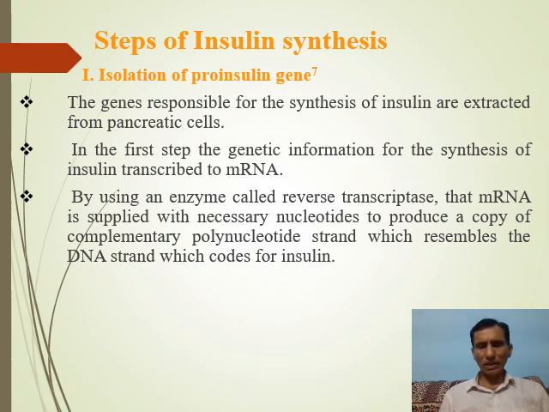Then, using the enzyme reverse transcriptase, that mRNA is supplied with the necessary nucleotides to produce a copy of a complementary polynucleotide strand resembling the DNA strand coding for insulin.